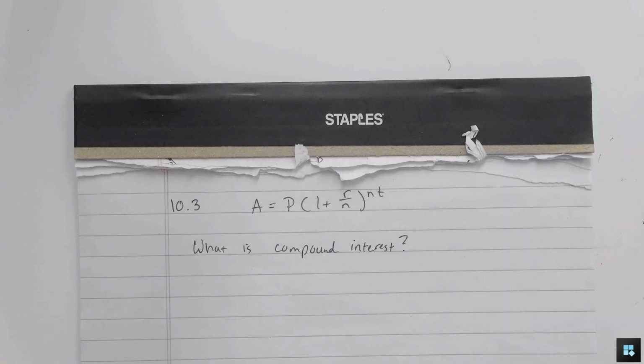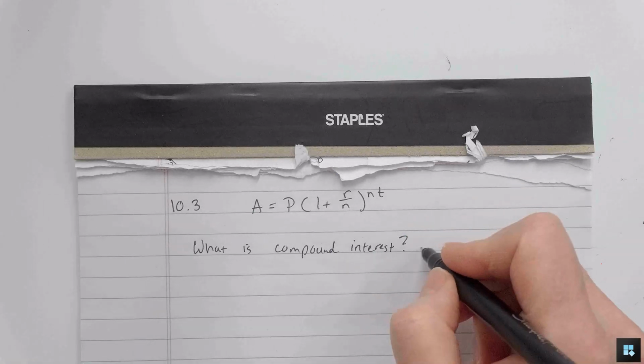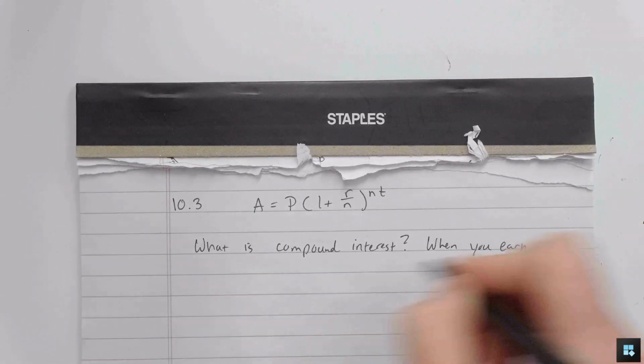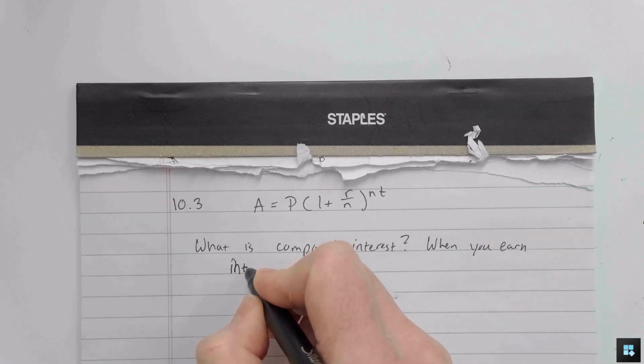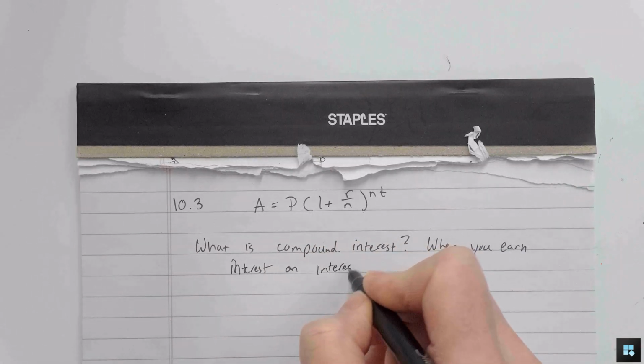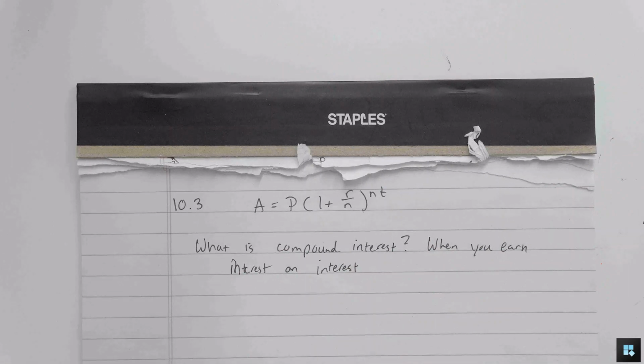Compound interest is when you earn interest on your interest.